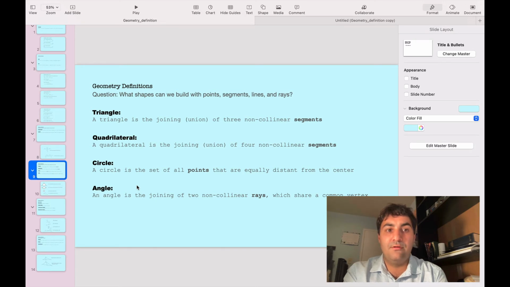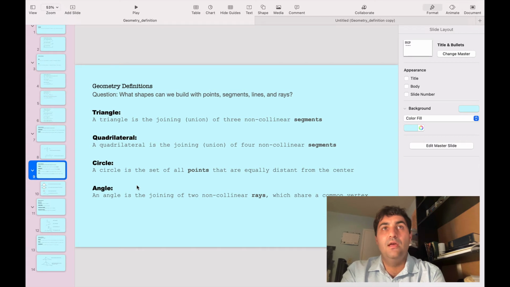A quadrilateral is a similar idea, except we're joining four non-collinear segments together. A circle is a set of points that are all the same distance from a point called the center of the circle. So let's say you have a circle with a radius of 1 foot.